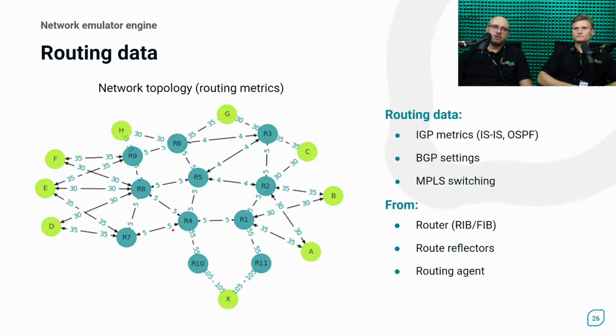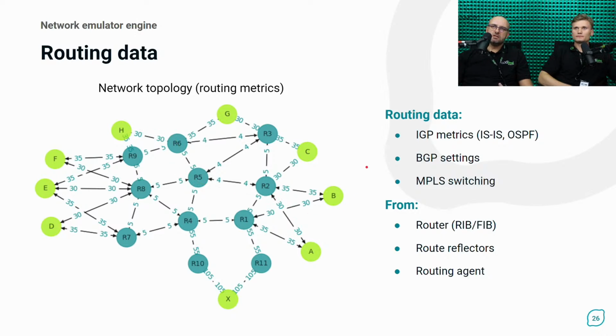And now we would like to say a few words about how we are processing the routing data and what routing data we are processing in our PoC. So this is the same topology, but this time on the links we denote the routing metrics from, say, the IGP protocol, based on which usually the routing paths, shortest paths according to the shortest path rule, are computed in the network.